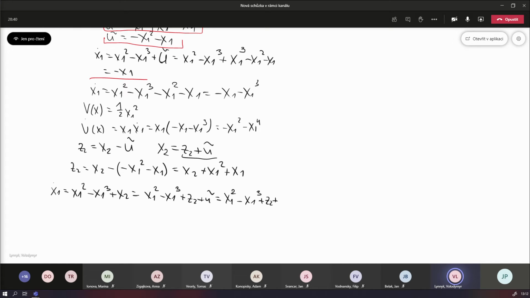This virtual control u, I know that this is minus x1 cubed minus x1. And it's equal to minus x1 cubed plus z2.